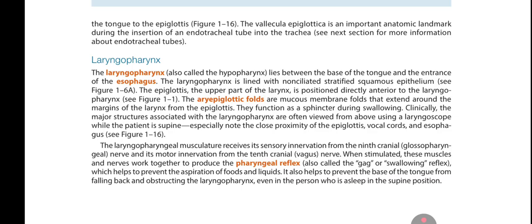Remember that the laryngopharynx starts at the base of the tongue, because after the nasopharynx and oropharynx, we have the laryngopharynx. It ends at the bifurcation of the trachea and the esophagus. It is lined with non-keratinized stratified squamous epithelium.